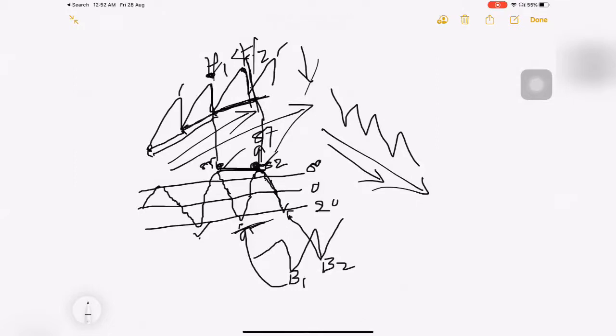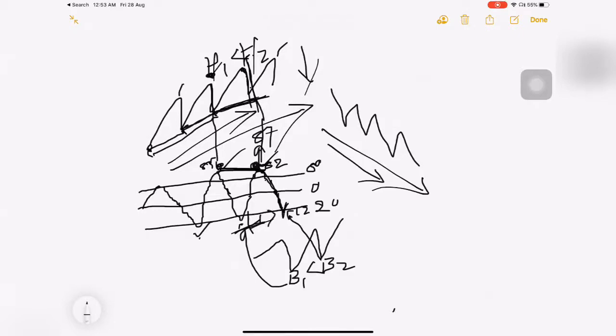Now you can see the RSI bottom 2 is greater than bottom 1, but low 2 should be lower than low 1.